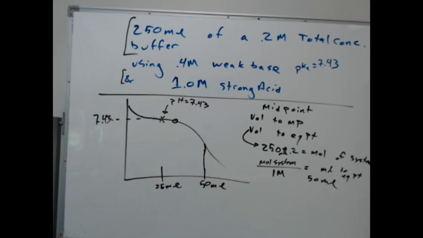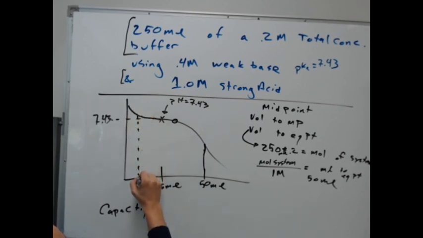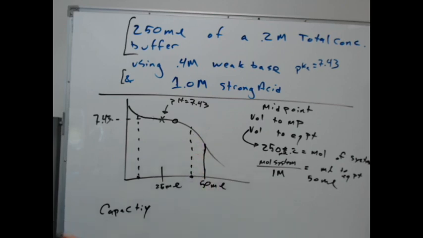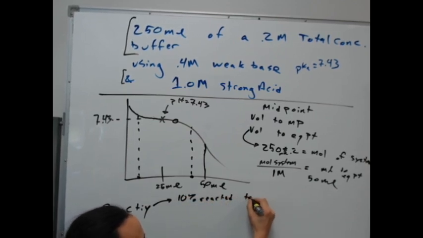Part B is what's the buffer capacity. And we can think of the capacity in terms of kind of two different parts. Right? We can think of the capacity, it's going to be from about here to about here. And we know that it's got some 1 to 10 ratio, so let's say 10% reacted to 90% reacted.